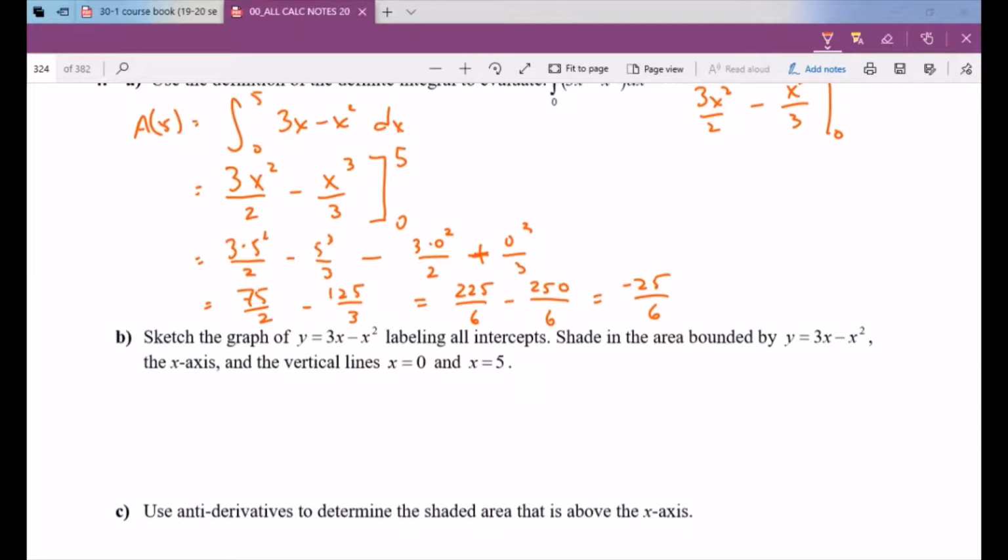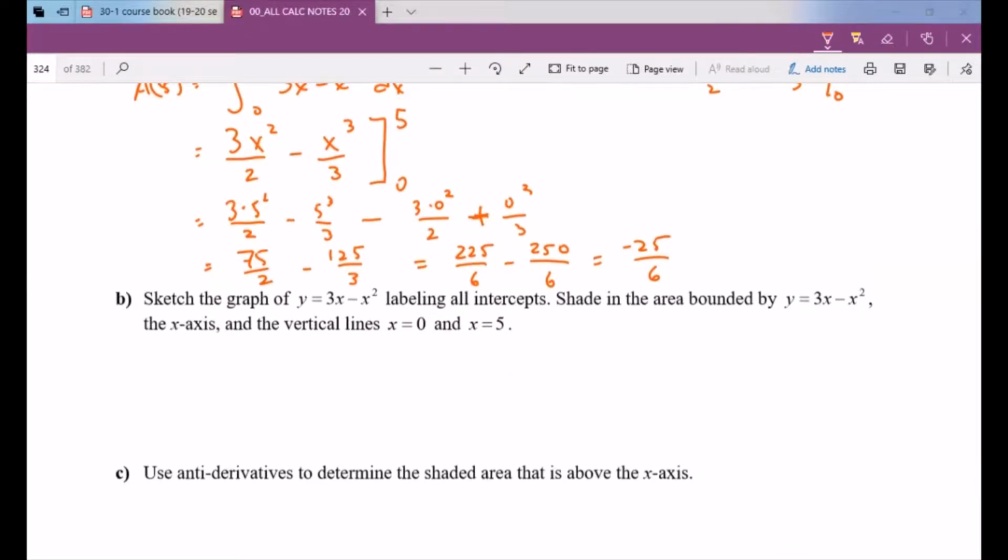What we need to do in part B is sketch the graph, labeling all intercepts, and shade in the area bound by this parabola, the x-axis, and the vertical lines x equals 0 and x equals 5. So if I sketch this, y is equal to 3x minus x squared, which is x times the bracket 3 minus x.